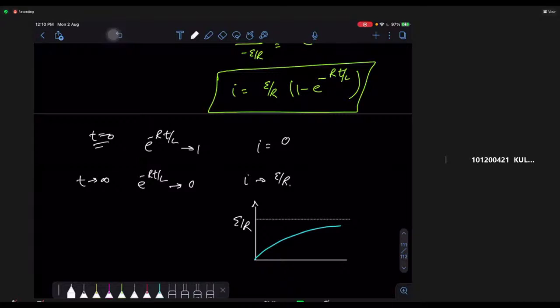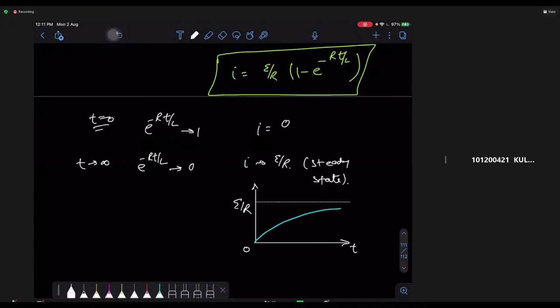E by R. So the current is growing exponentially, and will approach a constant state. That is called steady state. This is almost similar to your capacitor behavior. Quite similar.